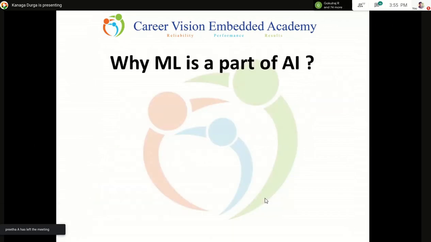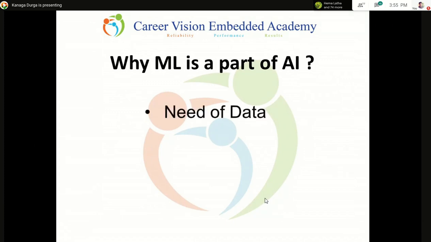So let us now give reasons why ML is a part of AI. First thing is the need for data. There is a large amount of data present, and we need to process this data. A human being sitting and processing this data is highly unlikely, highly time consuming, and a process in which errors can come into play.